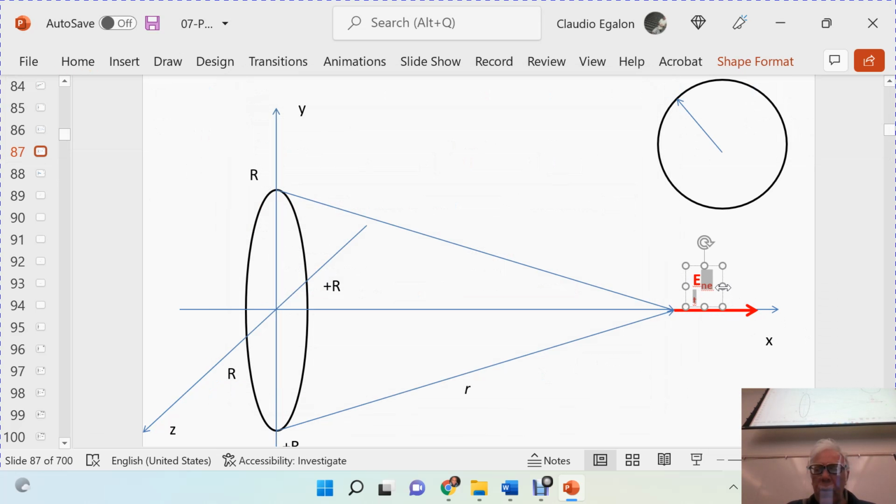Yeah, now I got it. That would be the net. The question now is how to calculate this net field.